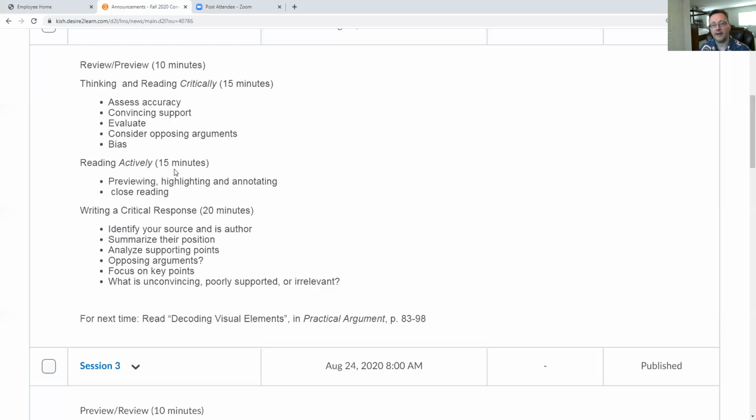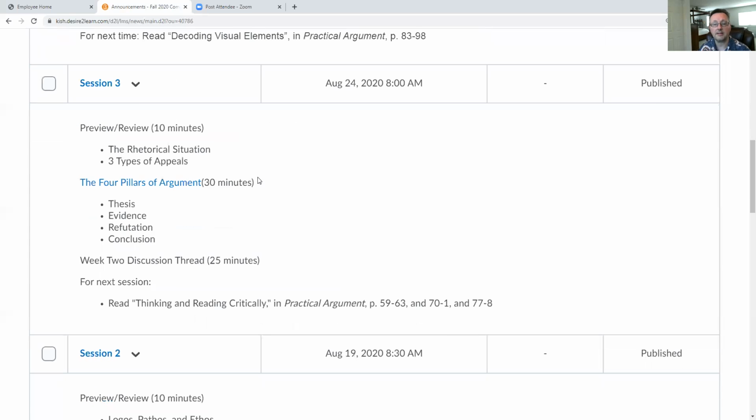All right. Now, in terms of review, last time during session 3, we talked about the 4 pillars of argument. And we said that a firm argument has to have or include at least 4 distinct elements. Specifically, we have to have a thesis statement.